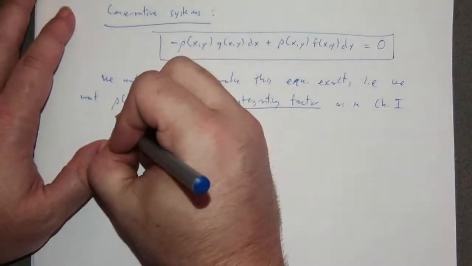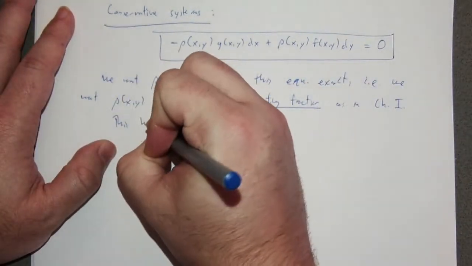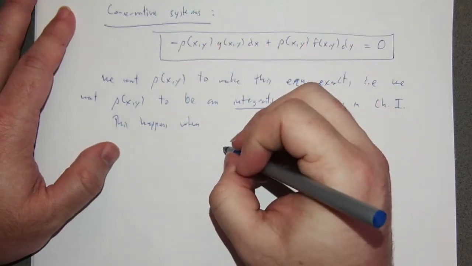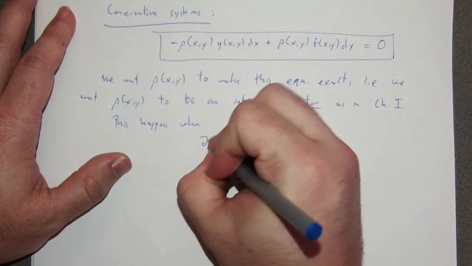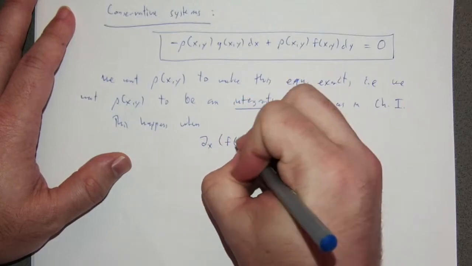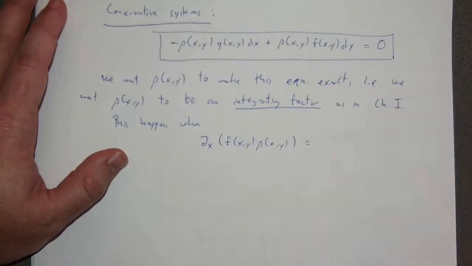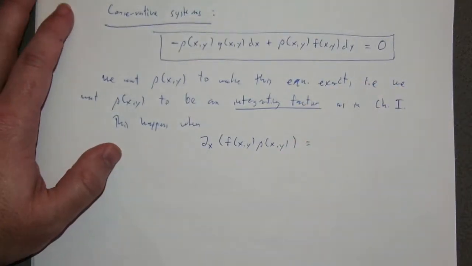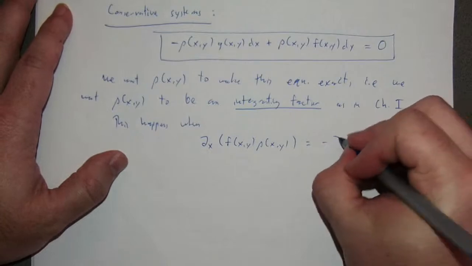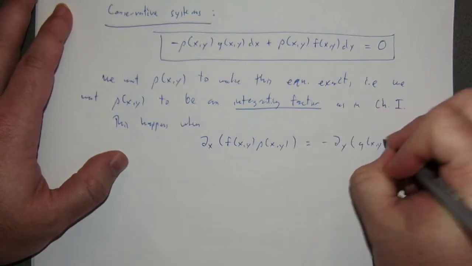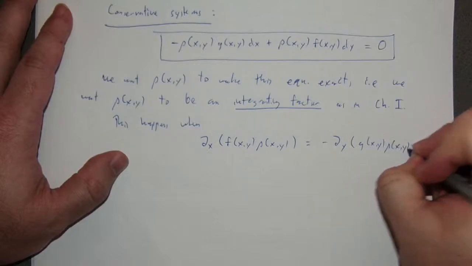Of course, this happens when the x partial of f of xy times rho of xy is equal to minus the y partial of g of xy rho of xy.